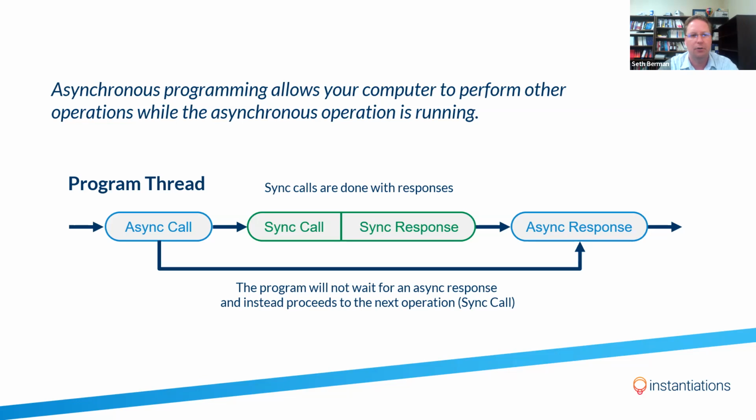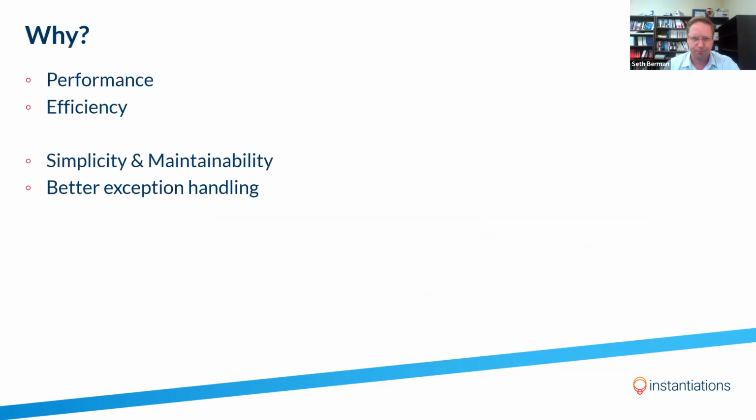So we see here that there's an asynchronous call, and then at some point later, there will be a response returned. And in the meantime, this is the bottom line crucial point, there can be other activities that are occurring.